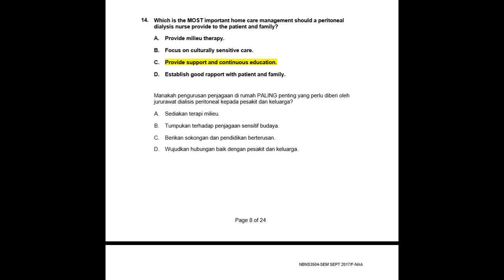Answer D. Establish good rapport with patient and family. It asks for the most important home care. All these are important, but the question asks about the most important home care management. So answer is answer C. Provide support and continuous education.